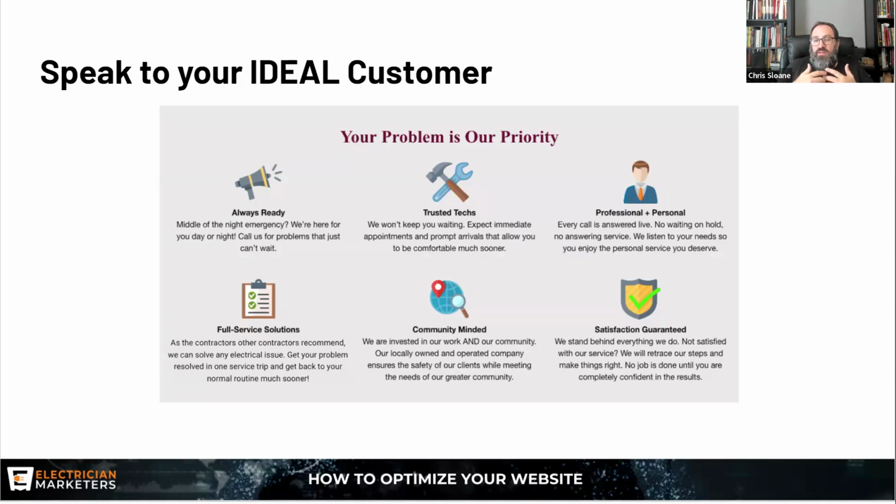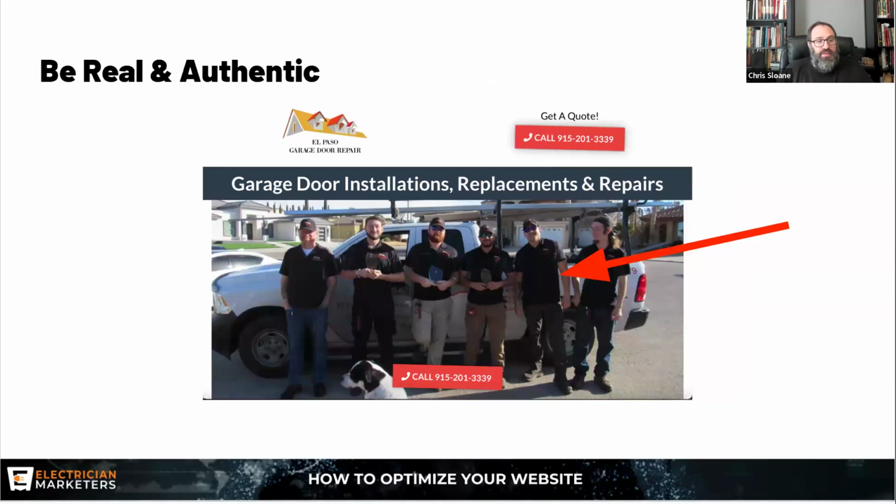You have different avatars. You can't speak to all of them, but maybe you address issues that cut across all of your avatars, like our technicians are trained, our technicians have long tenure with the company, we've been around for 50 years, we provide X guarantee, right? So ways that you can put your ideal customer, your avatar customers, at ease and wanting to do business with you. Okay. And again, be real and authentic.